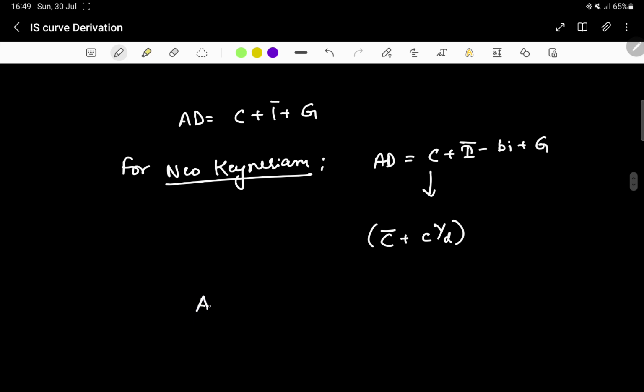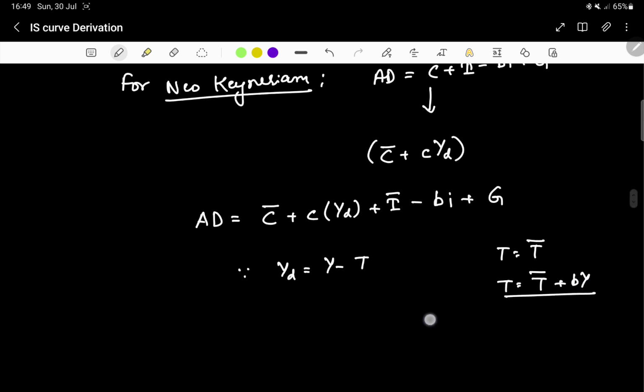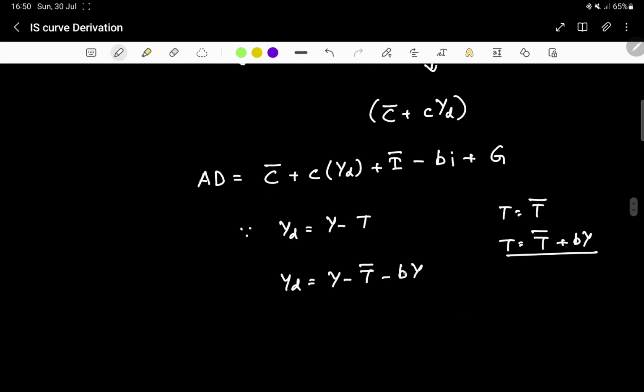Now we can derive AD is equal to C bar plus small c YD, plus I bar minus bi plus capital G. Now since YD is disposable income, that is equal to Y minus tax. Tax can be a lump sum tax, or a lump sum tax plus some income tax, so we can write YD is equal to Y minus T minus dY.